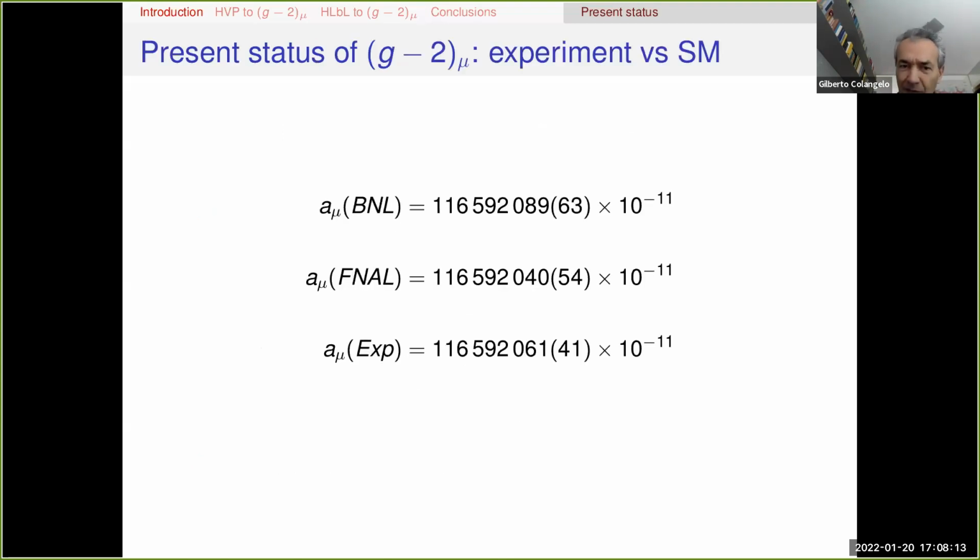Now, as you all know, Fermilab has shown the first of a series of measurements which they plan to do last April. That's the number, and so that makes the final average shown here.